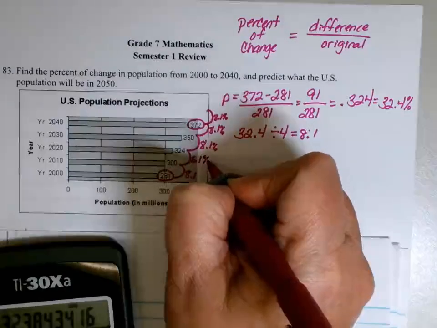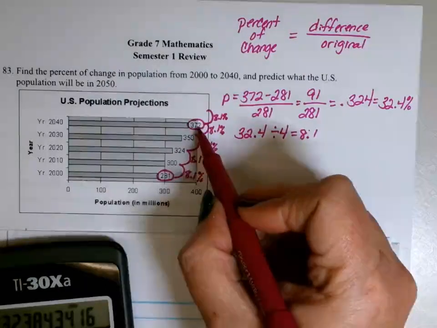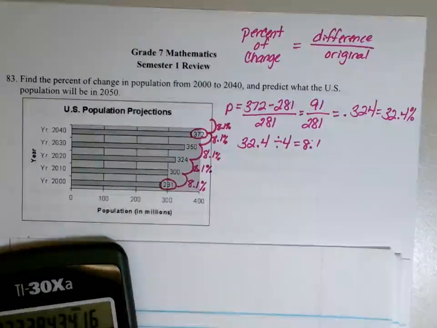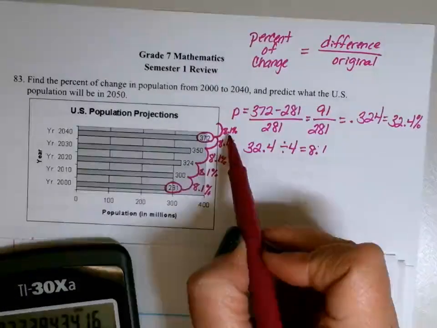Okay. It's predictions. So how do I increase this by 8.1%? What am I going to add? But this is a number and this is a percent.